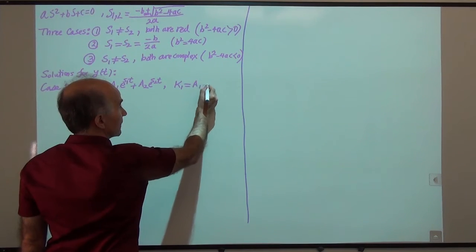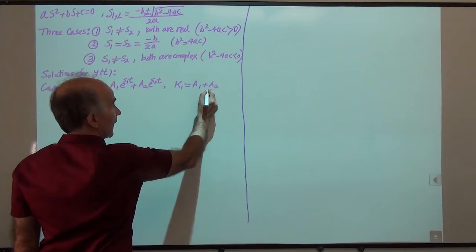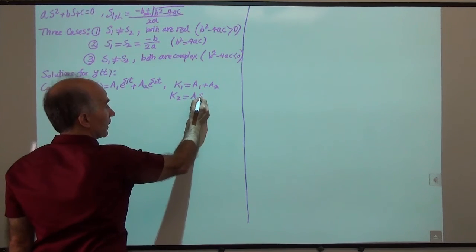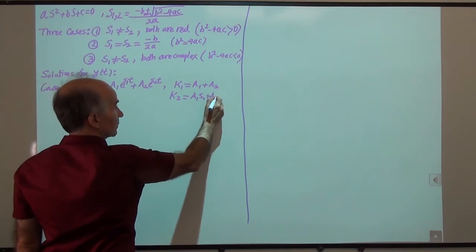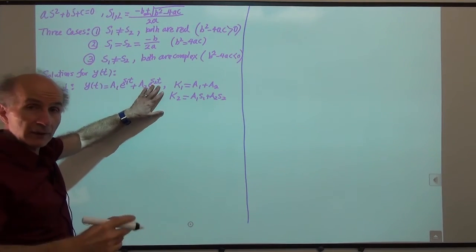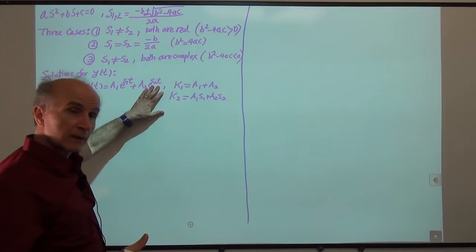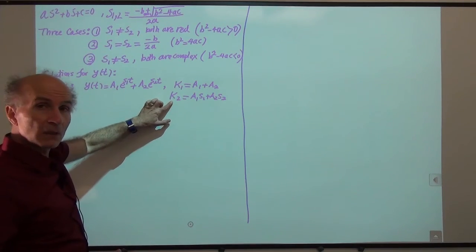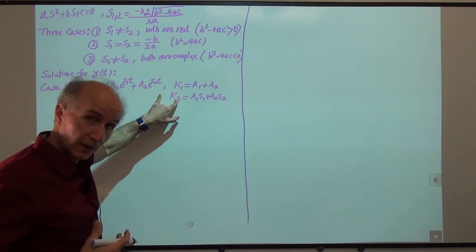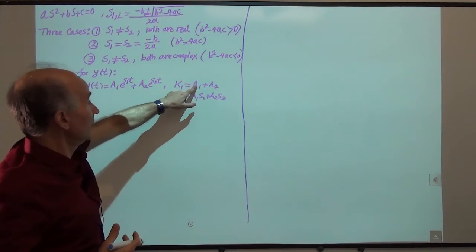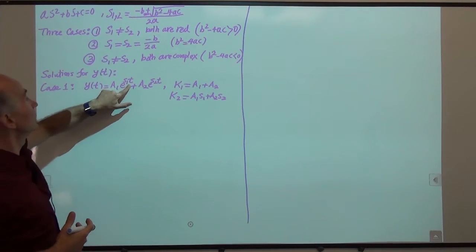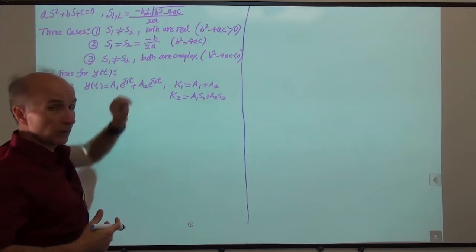And we also saw that k2 was a1 s1 plus a2 s2, because we took the derivative, we calculated at time 0 and equated the result to k2. So k1 and k2 are the initial conditions of the system. They are given to us, and a1 and a2 can be found from these two equations, given that s1 and s2 are found from the simple equation here.